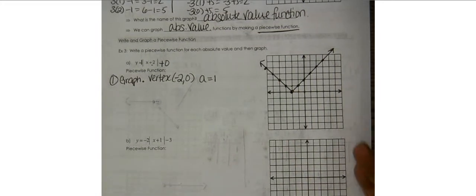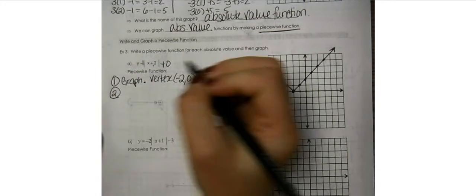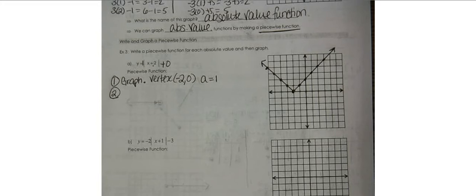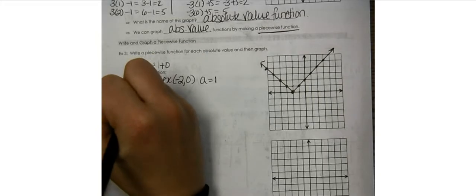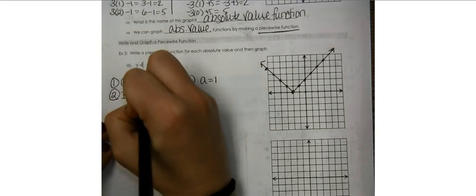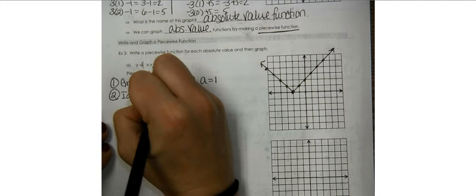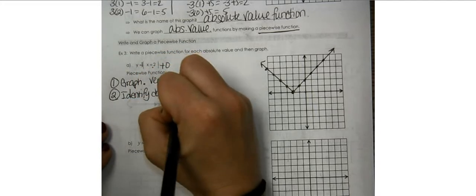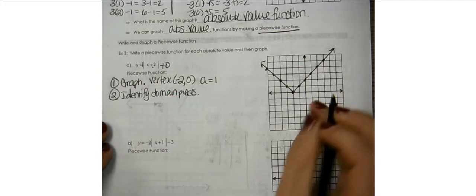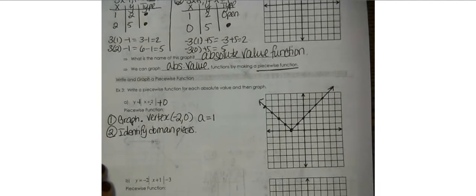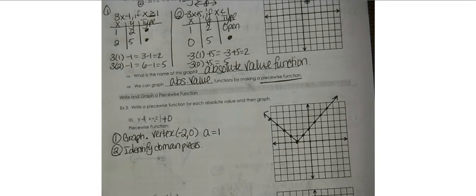The next thing I want you to do is I want you to identify your domain pieces. So that's going to be step number 2, identify your domain pieces. So what are your domain pieces going to be? Well, domain is based on your x value. And our x value in this case, if we were to look at letter C, our vertex is located at 1, 2.